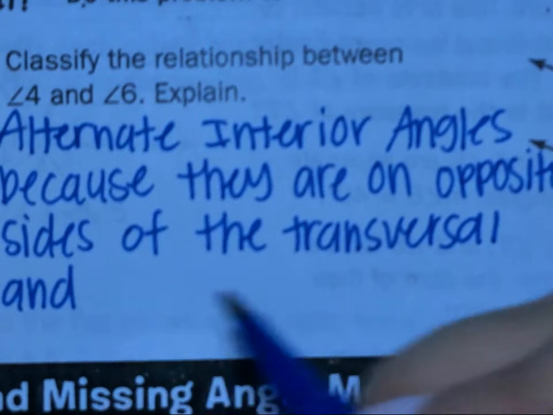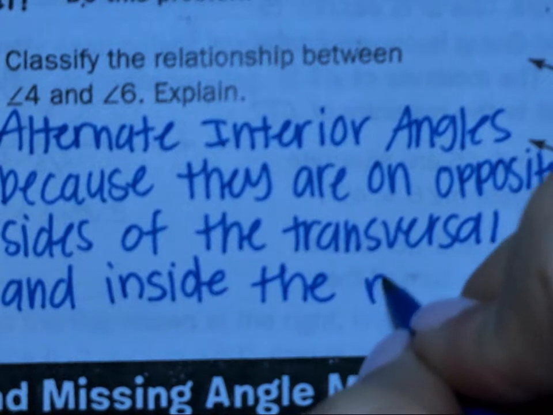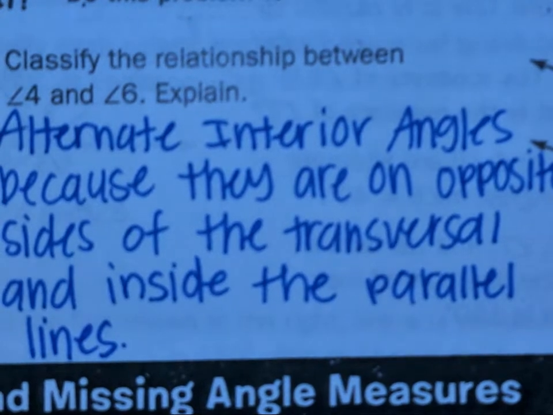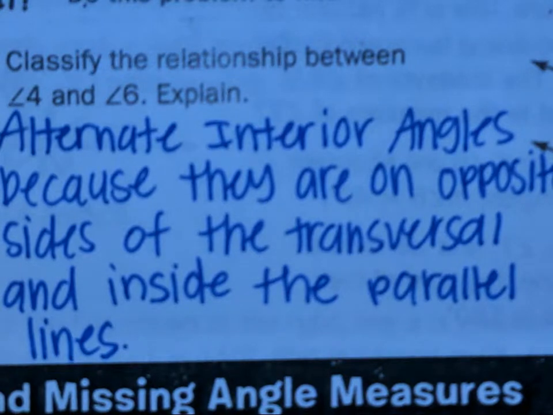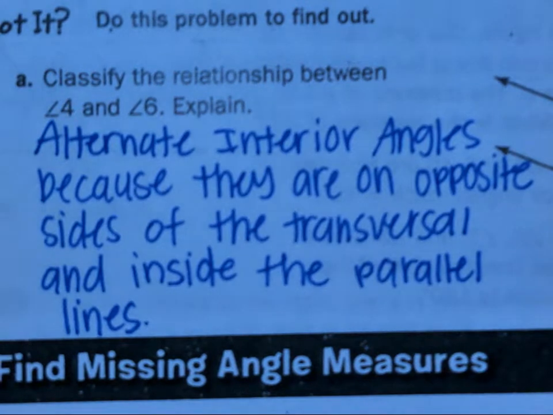Because they're inside the two parallel lines. So I know that they're alternate interior because they're on opposite sides of the transversal and they're both inside those parallel lines. Any questions on that? We got that copied?